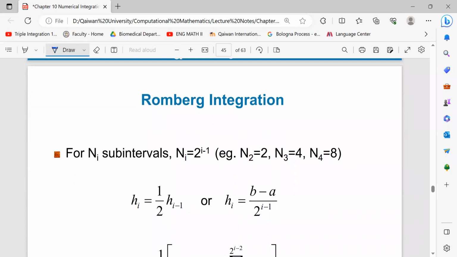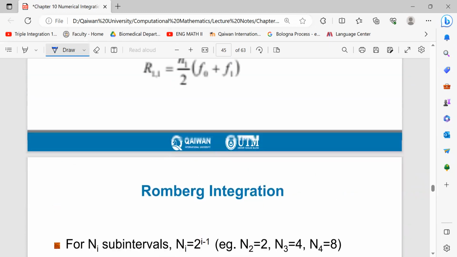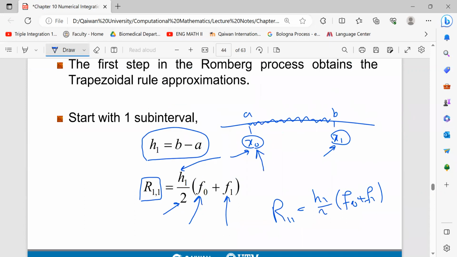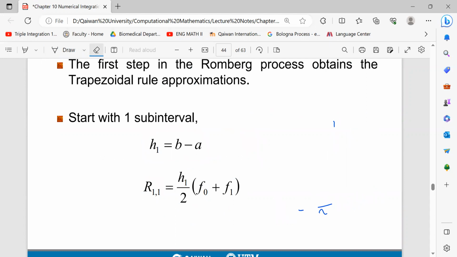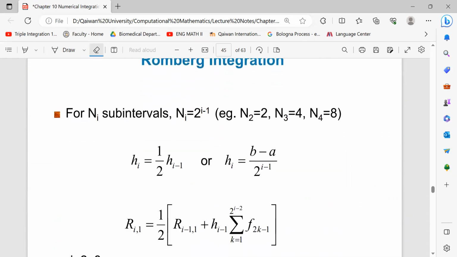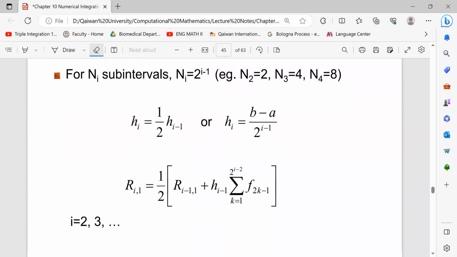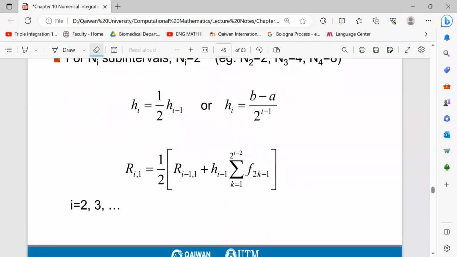Then if you have more than one subinterval, let's say two subintervals, let me write down here. Here we have a, b.